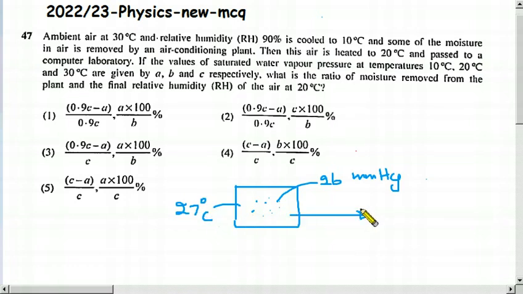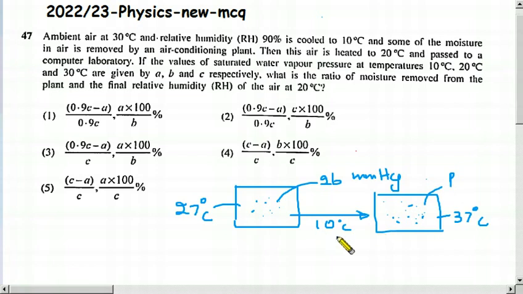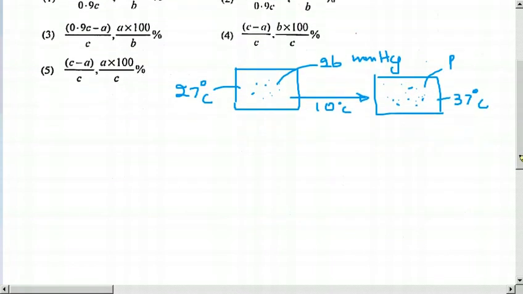Then suppose this room is heated up to 37 centigrade degrees. The rise is 10 centigrade. So here there is this vapor. We don't calculate the pressure according to this temperature rise. Even though we calculated, we get a very approximate value using Charles' second law. Like this we can calculate, but usually we don't do that.